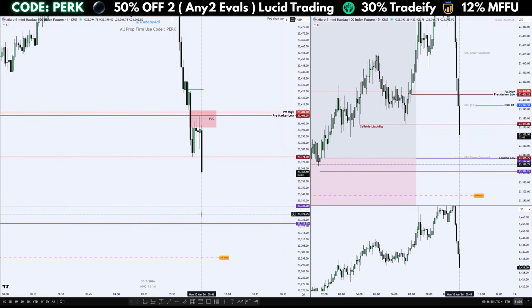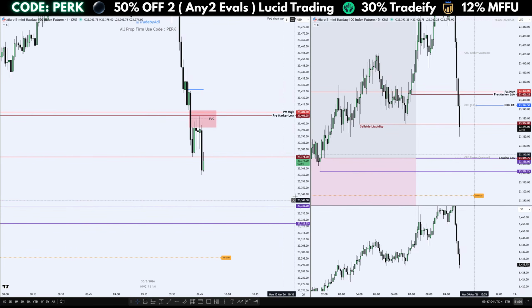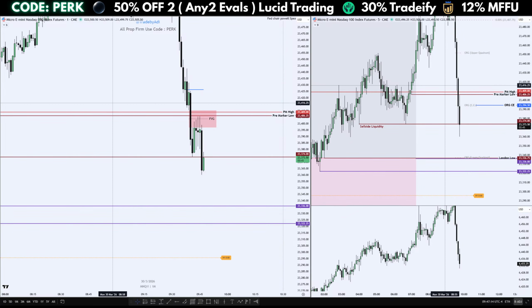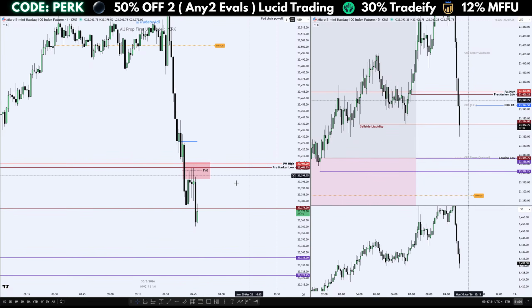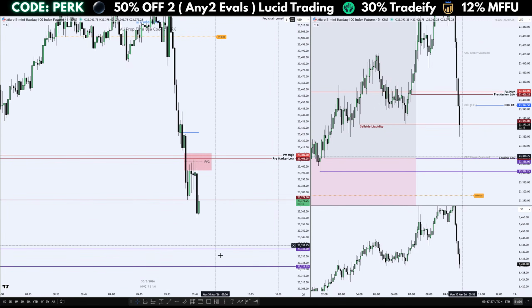And 23,336 is going to be the key level, and it should trade to the London low. If we get any stop run entry, then it is going to be a good entry, but other than this, I really don't want to engage in the price action.